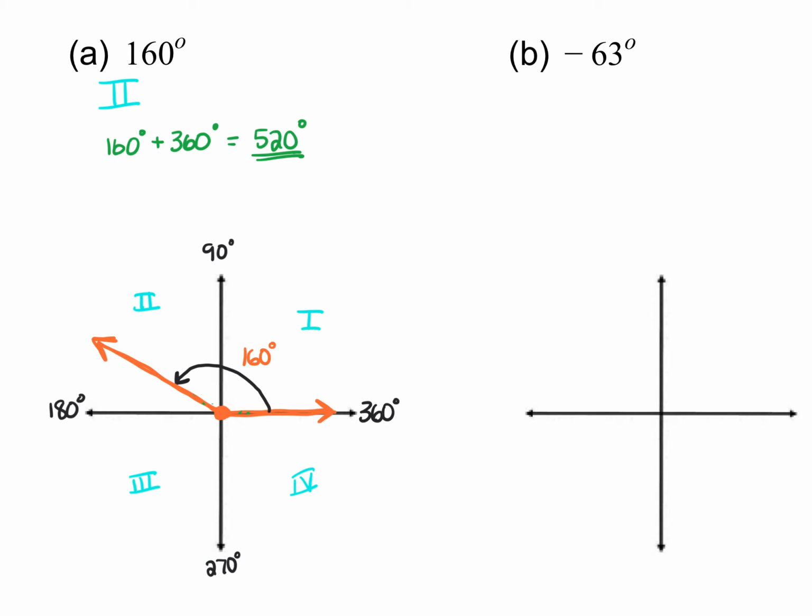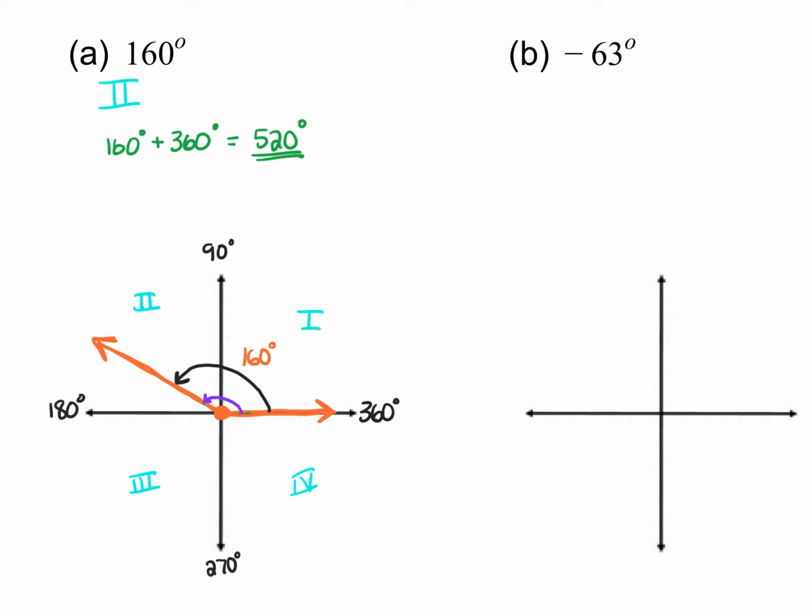Now let's talk about our negative angle of rotation. Now there's a few ways that you can do this. All right, so we're rotating in a negative direction. So once again, I'm going to go to here. Now, that's my angle, okay? That's my 160-degree angle. But here's the thing. I want to now, from there, rotate backwards.